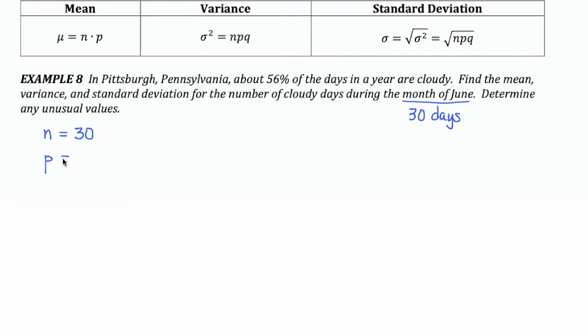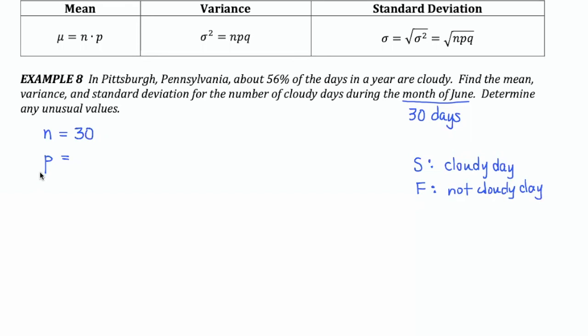P-value, the probability of success. Well, off to the side, I'm going to define my success as a cloudy day. And this is what I mean by success doesn't always have to sound like a success, right? Most people would probably prefer a sunny day there. But I can call success being a cloudy day, and I would then call failure not having a cloudy day.